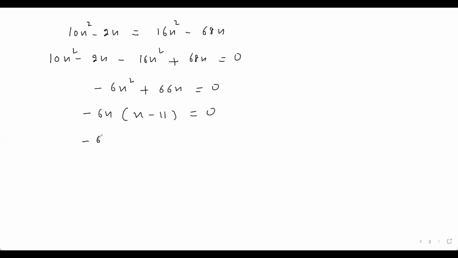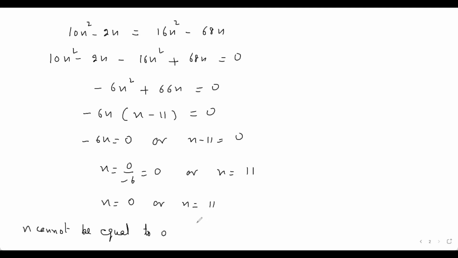It means minus 6n is equal to 0 or n minus 11 equal to 0. It means n is equal to 0 by minus 6, that is equal to 0, or n is equal to 11. So n cannot be equal to 0, as the number of terms cannot be 0. So n is equal to 11. That is the answer.